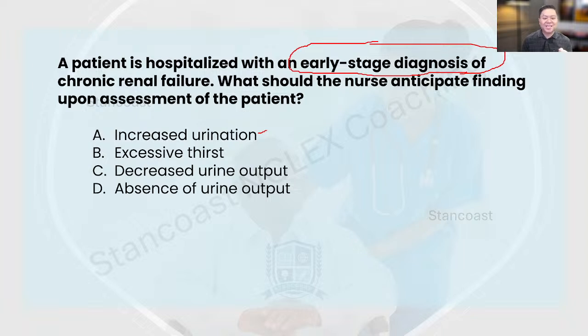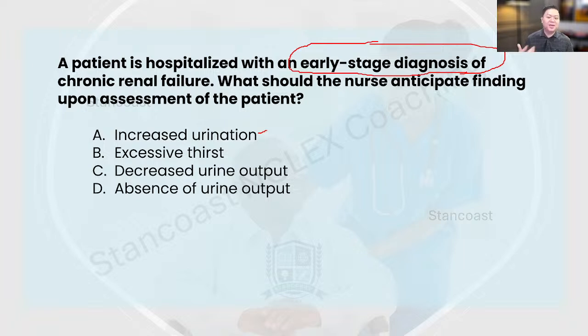Letter B, excessive thirst. What is that? Well, while maybe there is polyuria, the excessive thirst in chronic renal failure could happen as well.